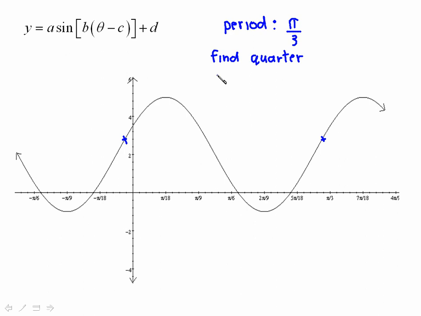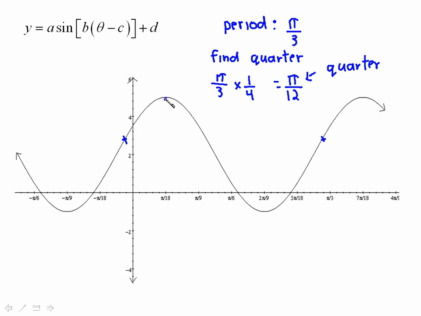So if you take that pi over 3, excuse me, times 1 over 4, you will then get pi over 12. And that represents the quarter. And you might be thinking, well, why? Why do I care about that?